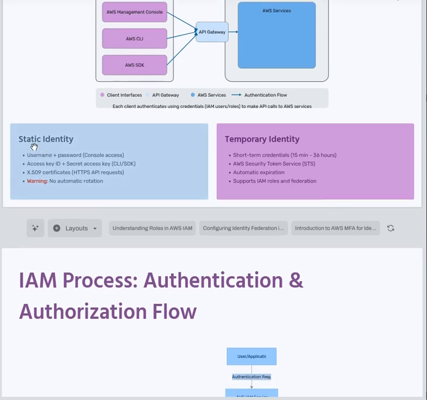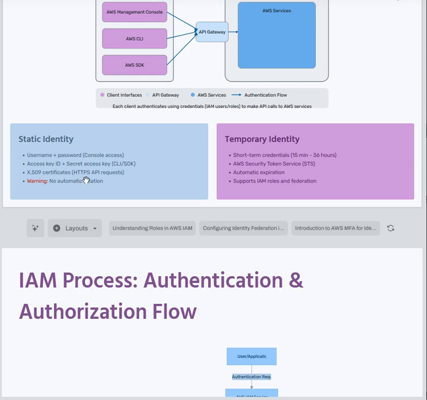So static identity: username plus password for console access, access key ID and secret access key for CLI access, right? Command line interface and SDK need to be authenticated using access key ID and secret access key, similar to username and password.